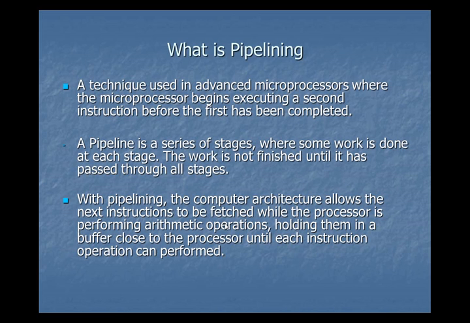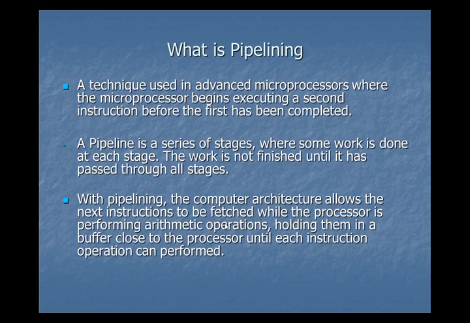So there are multiple instructions executing, done by the pipelining. As I said in the example, one person is doing the welding, one person is doing the painting, one person is doing the polishing at the same time. So the task is completed in a very quick manner. That technique used in advanced microprocessors is known as pipelining.